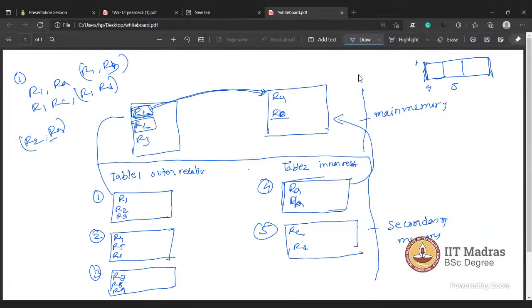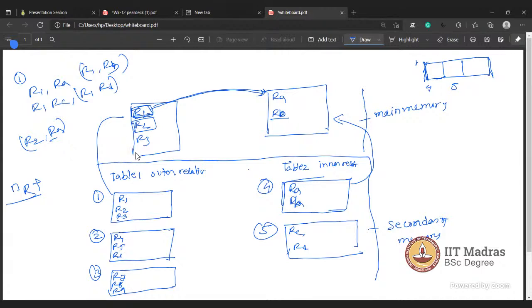So we need 1 seek per record. In this way, seeks are required equal to the number of records in the outer relation. You got it? And next, when we move from R3 to R4, again 1 seek is required.